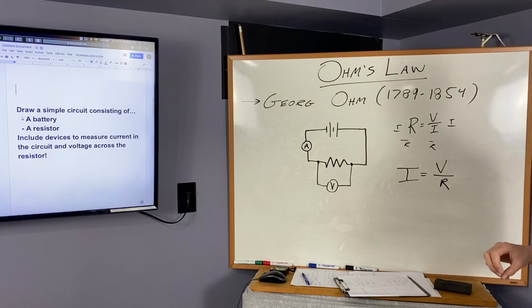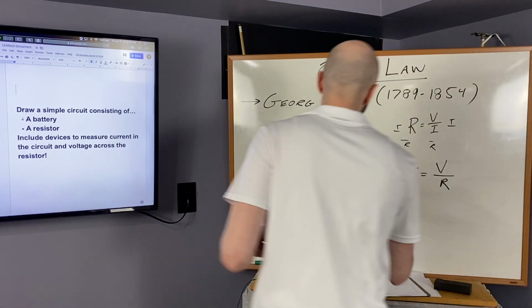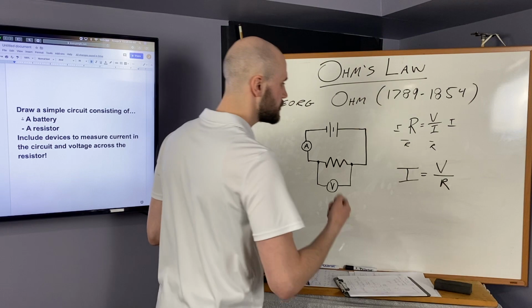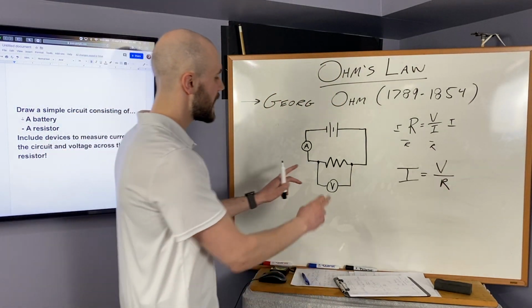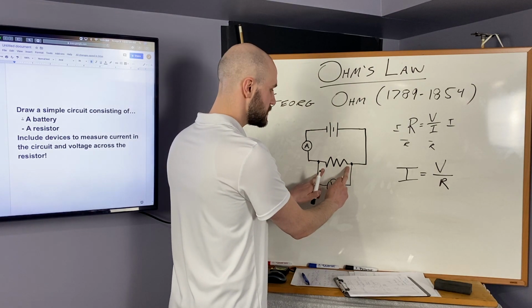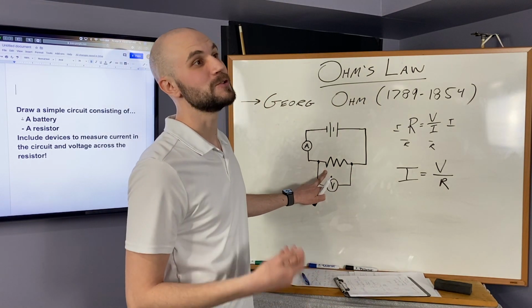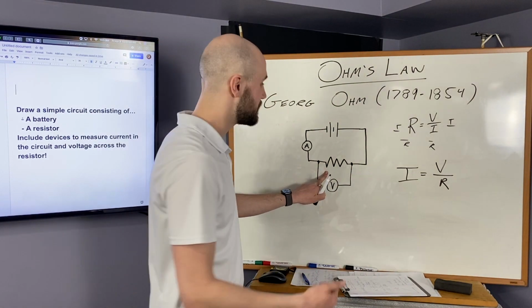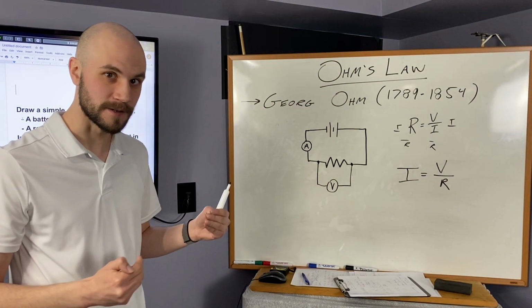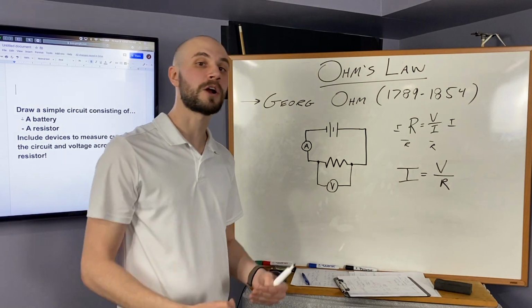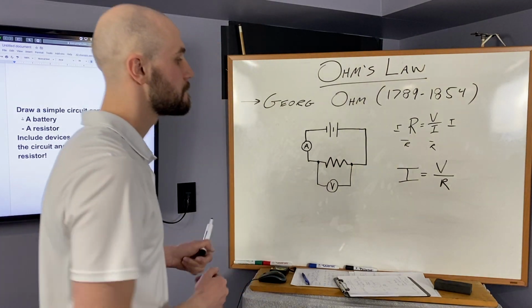And here's where Ohm's law really starts making sense to us, right? So this resistor here, how much electricity is actually flowing through the resistor depends on the voltage across it. If we have 1 volt across this resistor, and then we increase that to 2 volts, 10 volts, 20 volts, that will want to push along more current through that resistor. The more voltage we have, the more current is going to want to flow through that component.